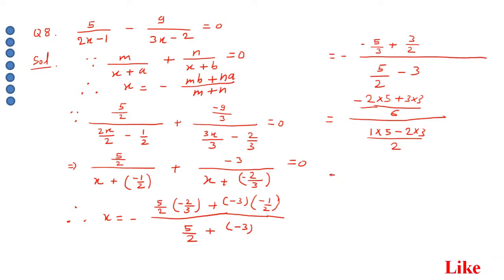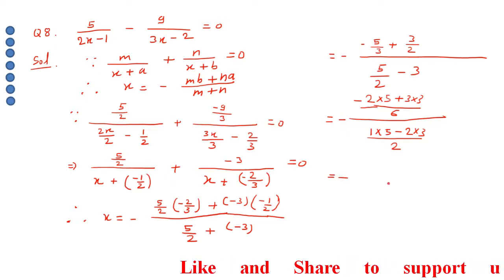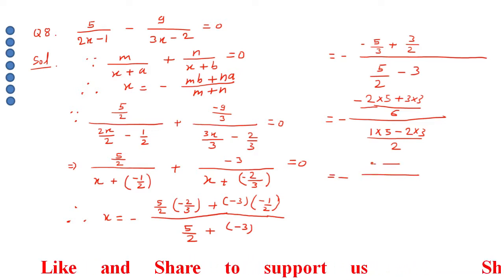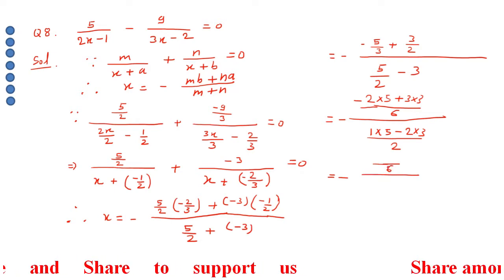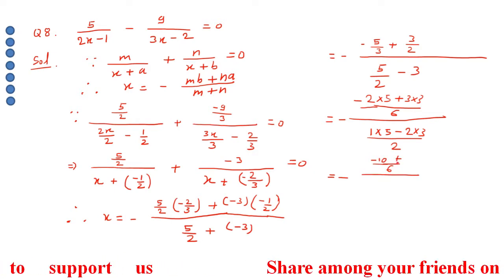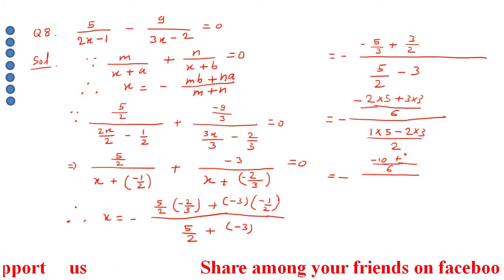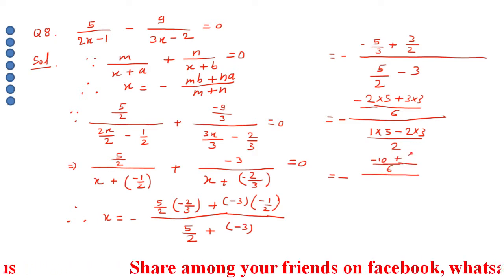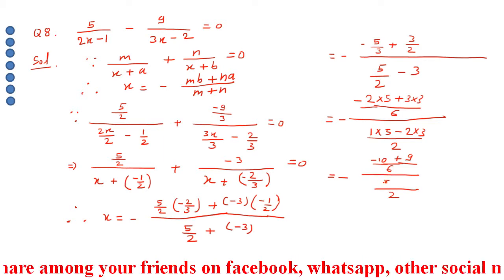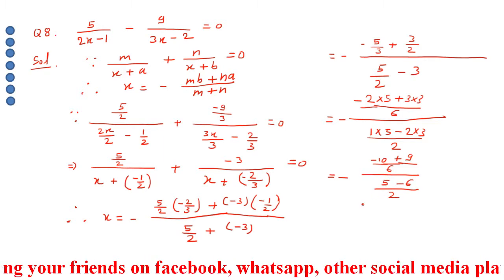Now finally, you will obtain here minus 10. Sorry, I just missed a minus sign here. So put here a minus sign, and a minus sign, and here you will get 6 as the LCM, and minus 10 plus 9, and down you will get 5 minus 6.